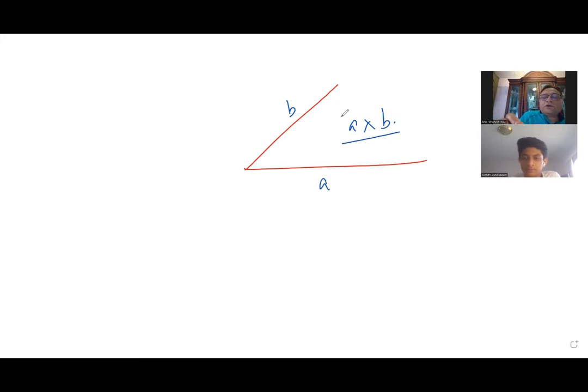A cross B is actually this. It is the area of the base, but the direction is perpendicular. You understand A cross B? Yes, sir. So we are saying the cross product gives us the direction, but the magnitude is equal to the area of the base. You get the idea? Yes, sir.